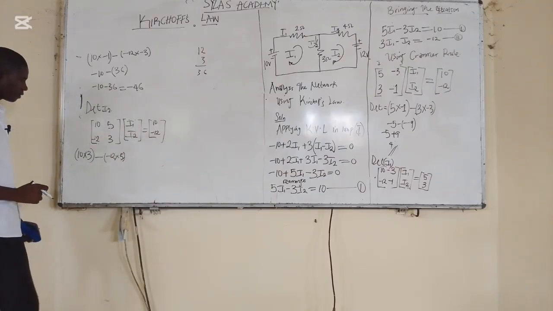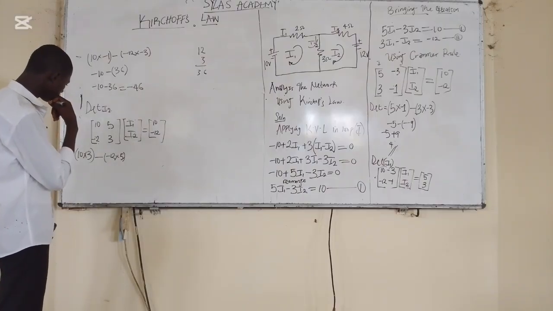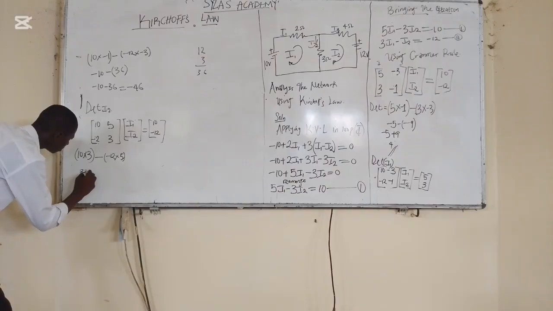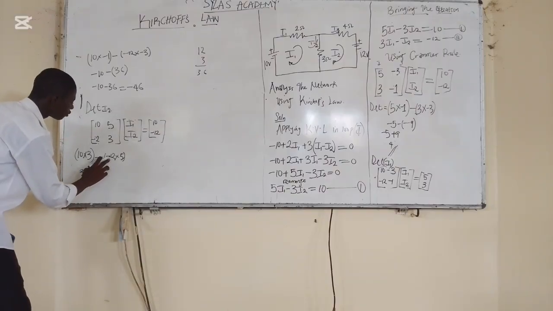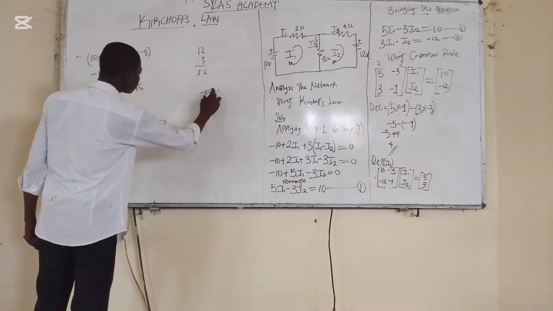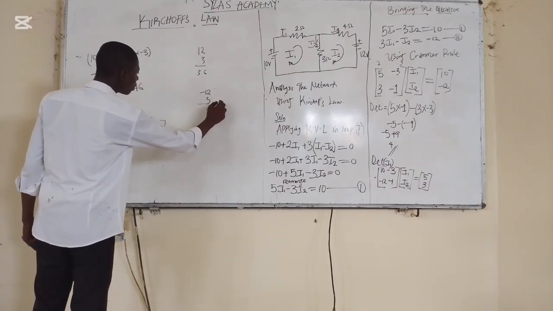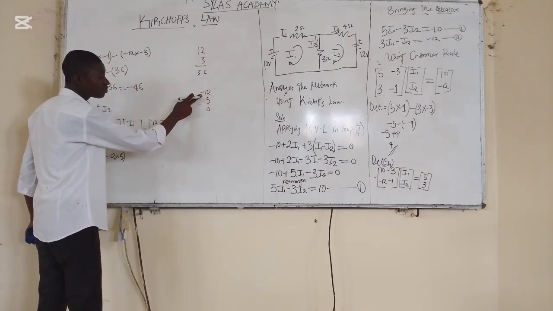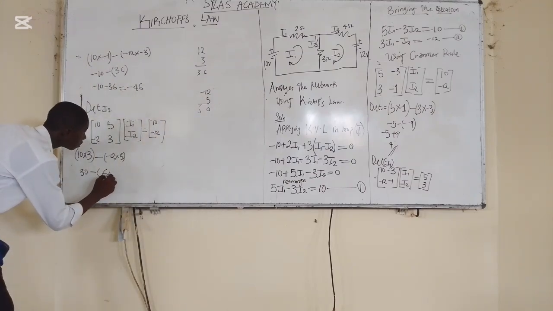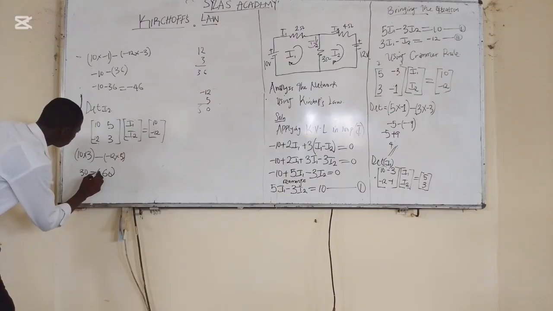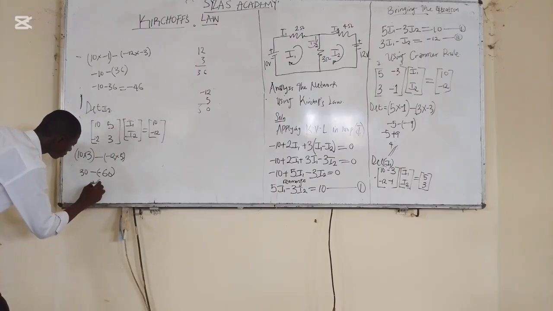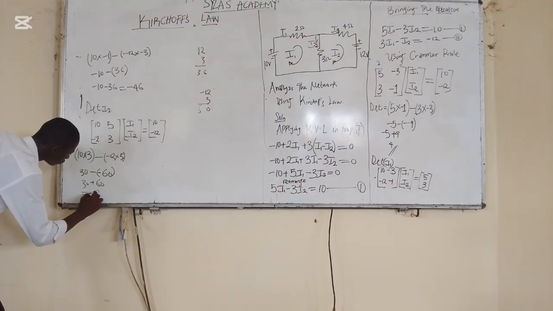Okay, now how are we going to solve this? 10 times 3 gives you 30, minus 12 times 5. That is minus 60. Minus times minus gives you plus, so it is equal to 90.